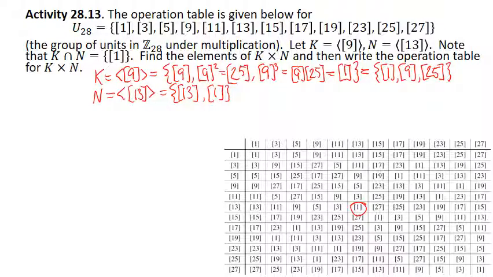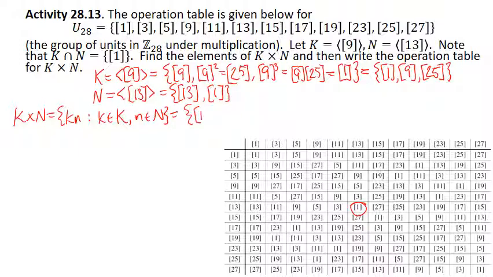All right, so then the elements of K times N, the internal direct product. Just to remind you, that is all of the little k's times the little n's, where little k is from big K and little n is from big N. We have 3 elements in one group and 2 in the other, so we can do this 6 different ways.